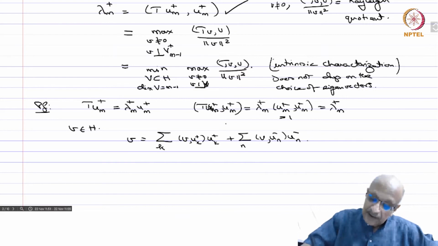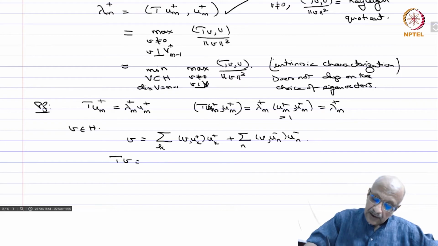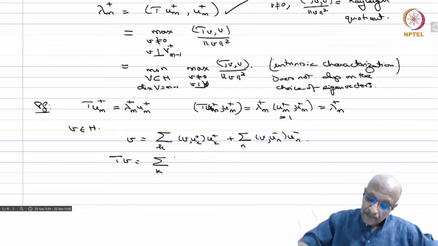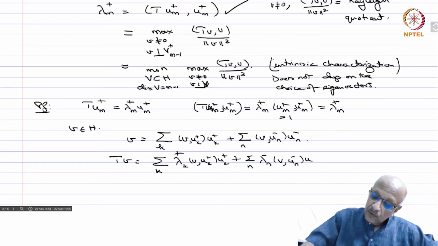I am not writing the limits because, as I said, they may be finite, infinite, they may not exist, etc. So we are just writing sigma over k, sigma over n. And so what is Tv? Tv will be sigma over k of lambda_k^+ (v, u_k^+) u_k^+ plus sigma over n of lambda_n^- (v, u_n^-) u_n^-.